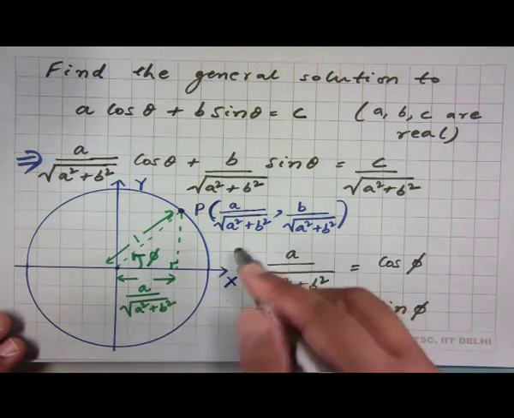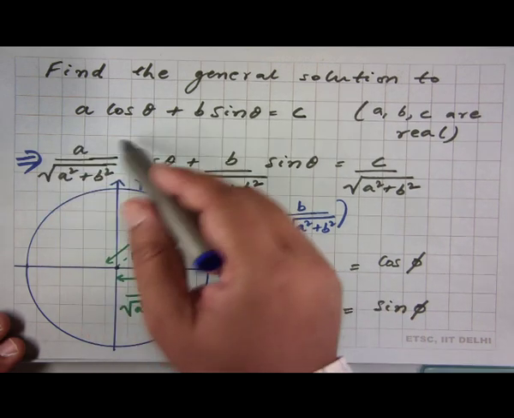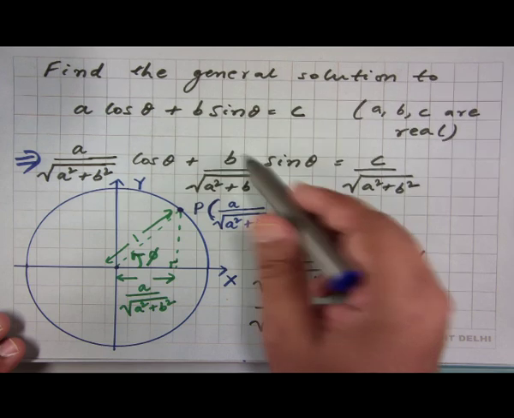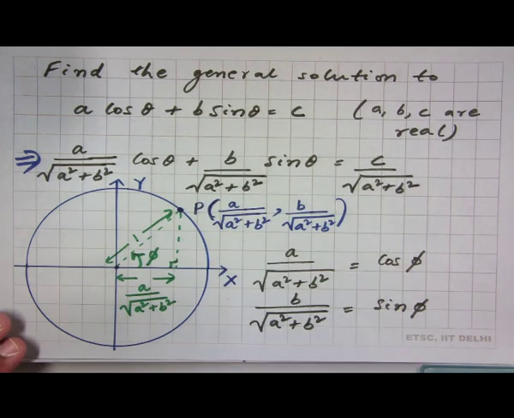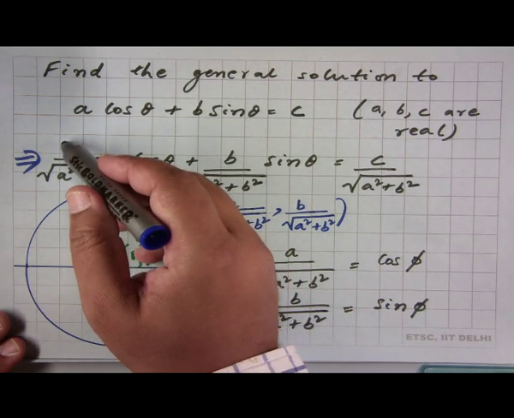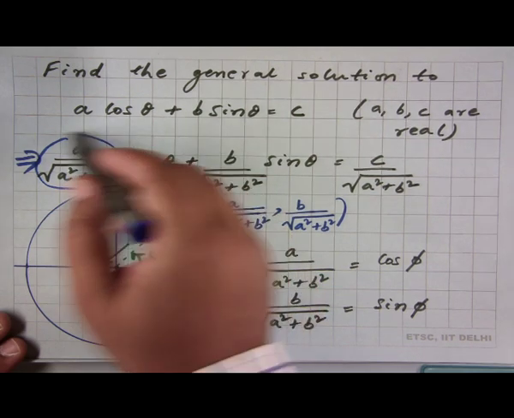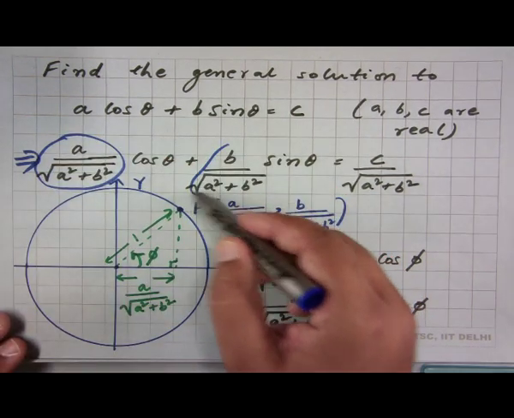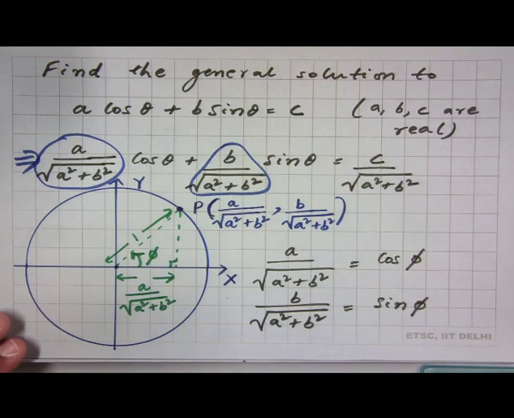Now, if you see a upon square root of a square plus b square and b upon square root of a square plus b square, what we realize is that the square of this term plus the square of this term is equal to 1.